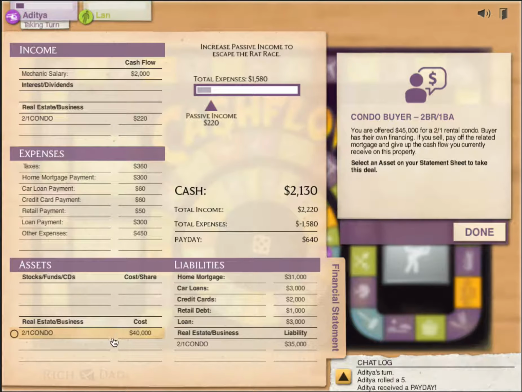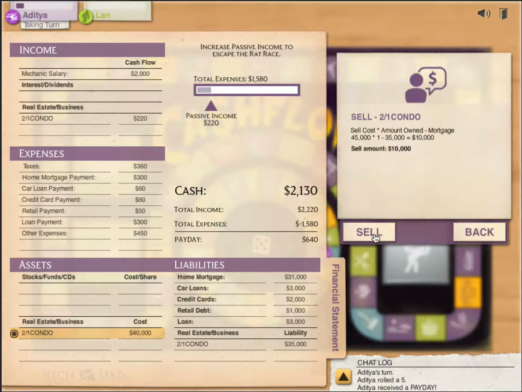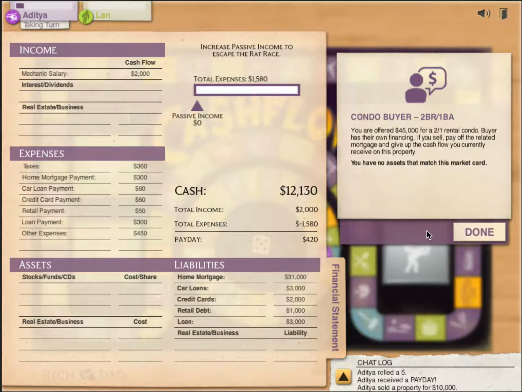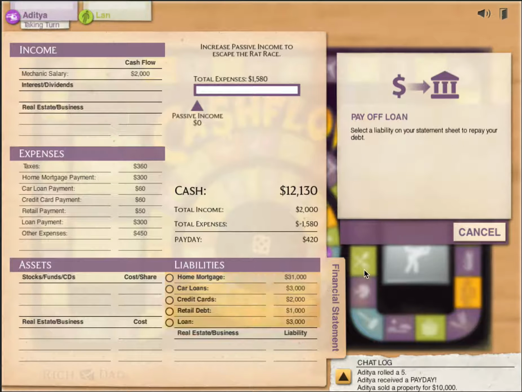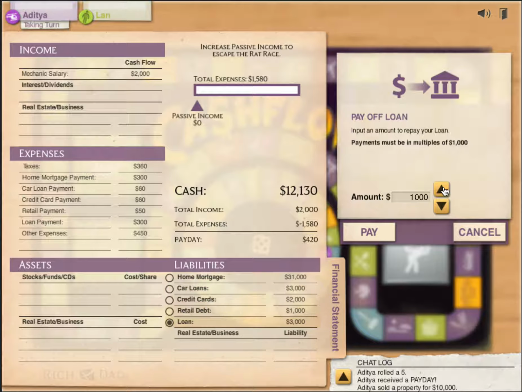Alright, well, I found a condo buyer, so this condo that I bought by taking out a loan, I can already sell it and make 10 grand off of it, so that's a good deal. And I'm done with selling condos, but I'll go ahead and repay this $3,000 loan here, which is costing me $300 every month.